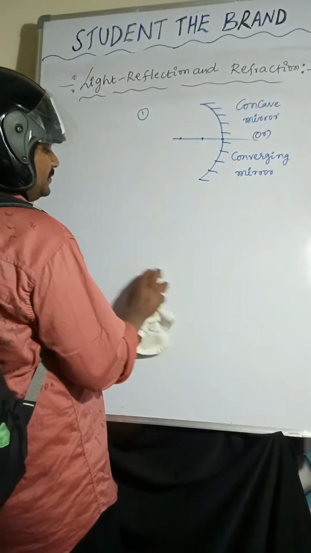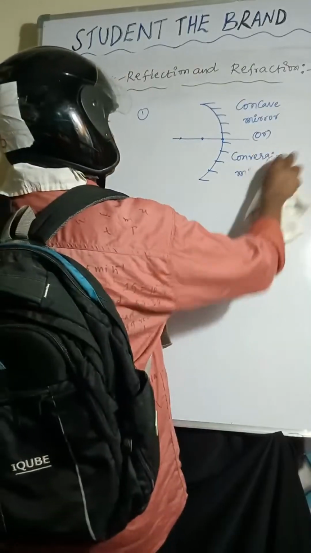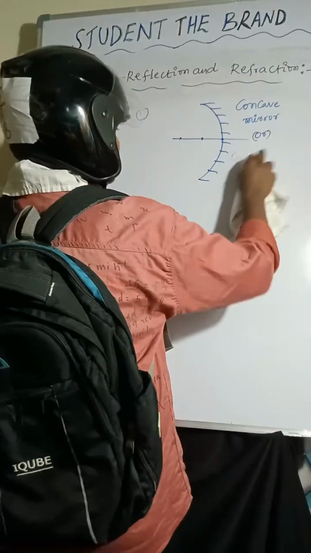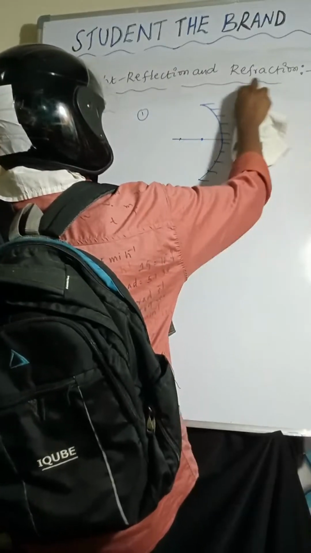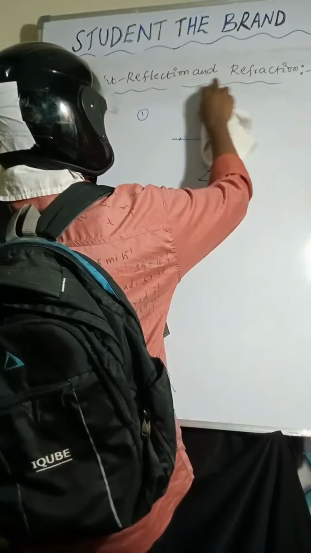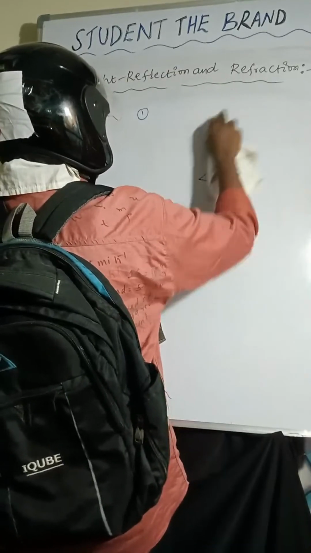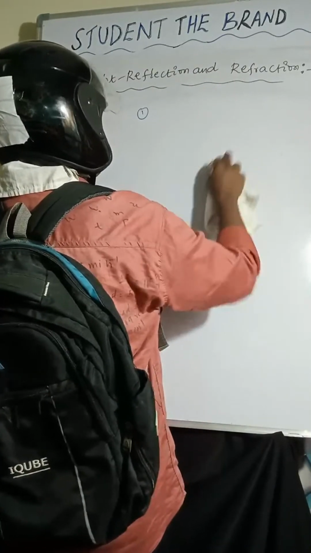The mirror which is in the form of a curved shape is called a spherical mirror.